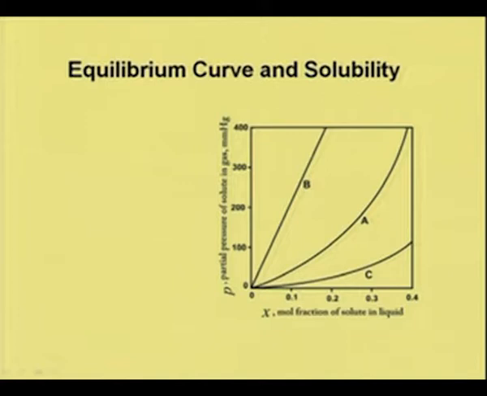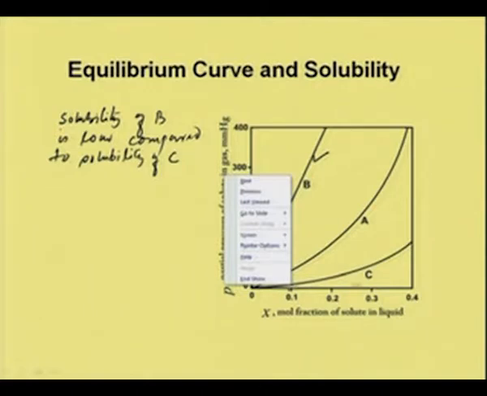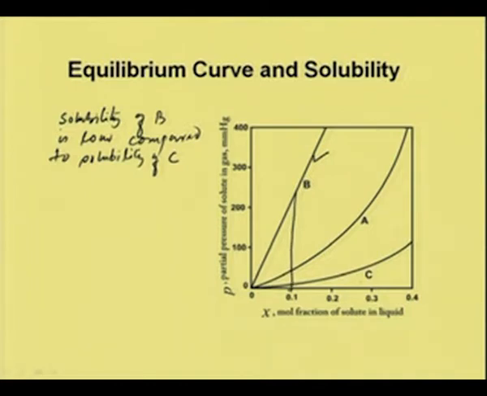If we see in case of B, the solubility of B is low compared to C, since the partial pressure in the gas phase is low in case of C compared to B. That means component C is more soluble in the liquid compared to solute B.